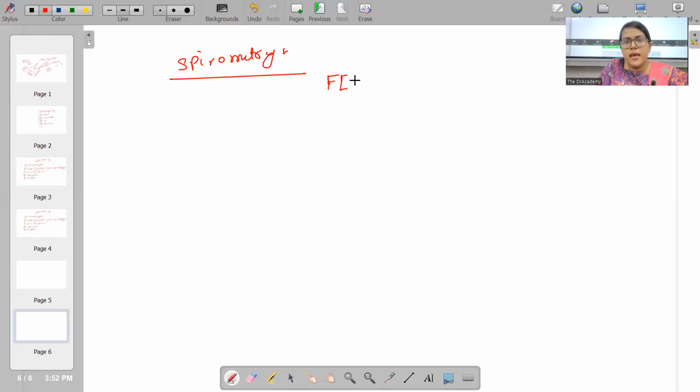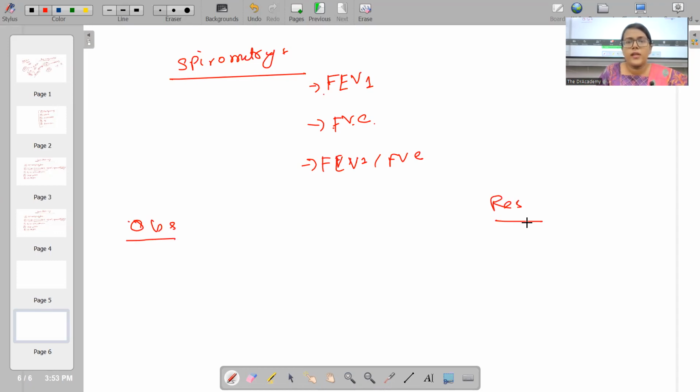Number 1 is FEV1, the forced expiratory volume in the first second, and the other one is the FVC, the forced vital capacity, and the FEV1 and FVC ratio.